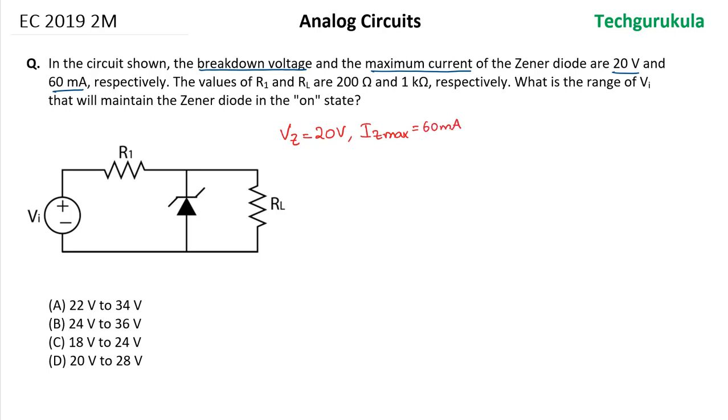Now the values of R1 and RL are 200 ohms and 1 kilo ohms respectively. What is the range of VI that will maintain the Zener diode in the on state?